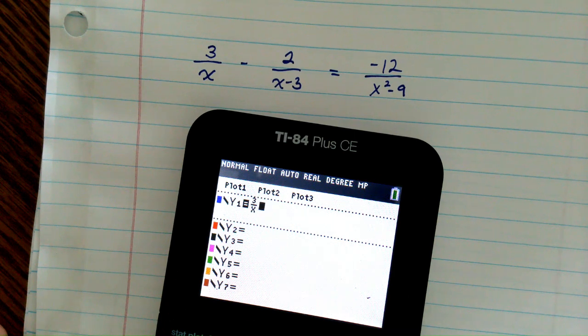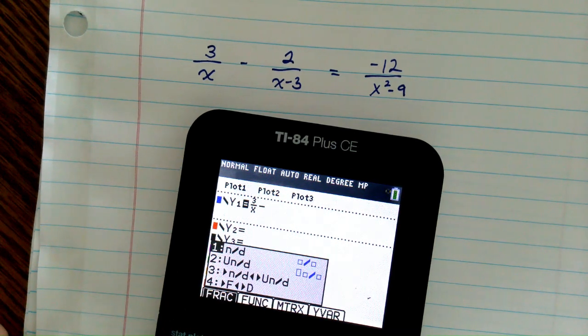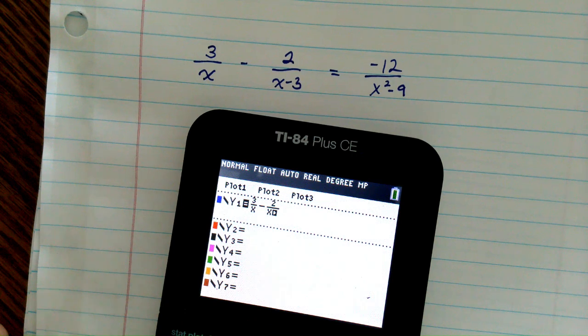3 over x minus, notice I'm using my vertical fractions, and I'll add the 12 over x squared. Whoops, wrong button. I did it again.